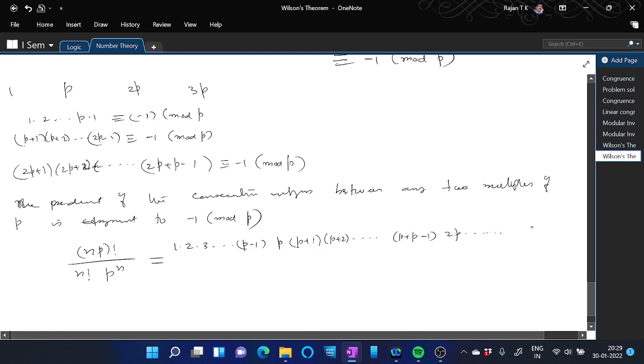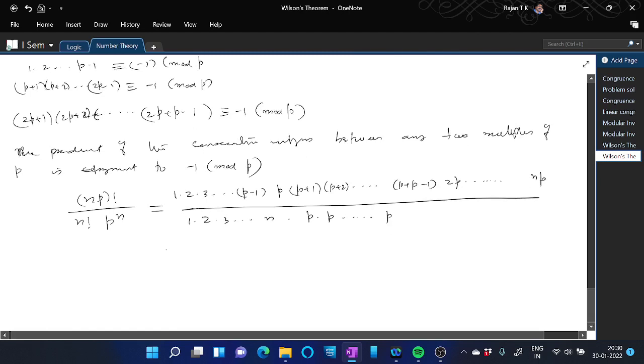Likewise, it goes up to np, the whole divided by n factorial into p raised to n, which you can write as 1 into 2 into 3 into up to n, then p into p n times. Now you can see that 1 into p is 1p, that cancels with this.